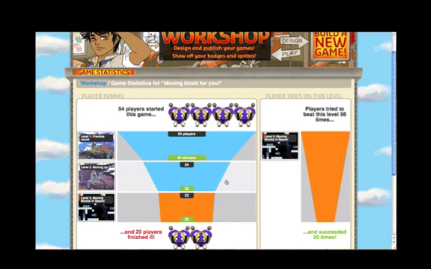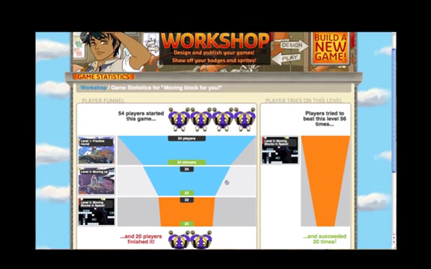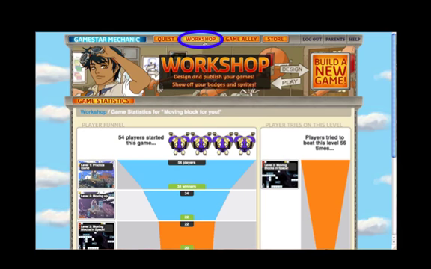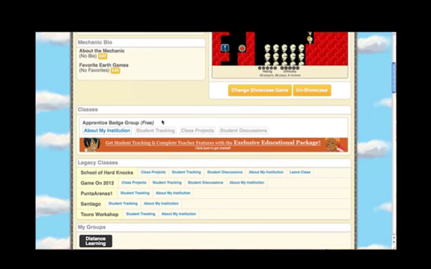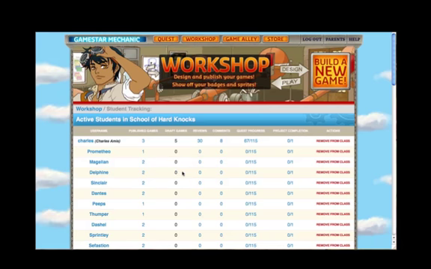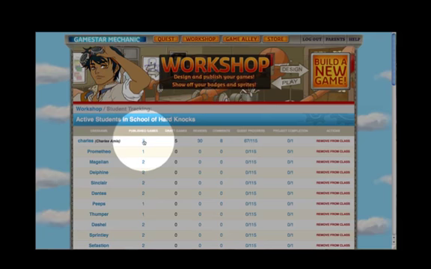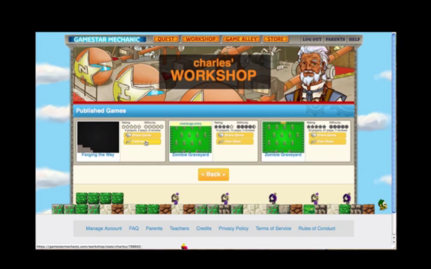What's really interesting here as a teacher is that you can see the game stats of your students. So to do that, you go to your workshop, scroll down to Classes, and click on Student Tracking for your class. In Student Tracking, you can click on the Published Games of a student, and you'll see that student's published games with that View Stats button next to it.